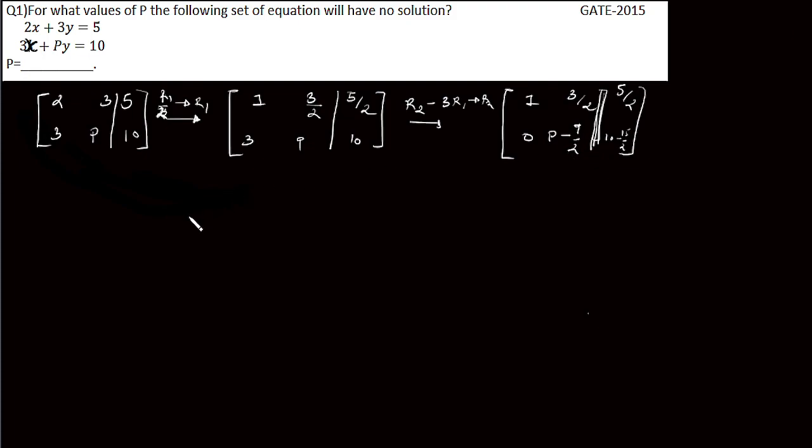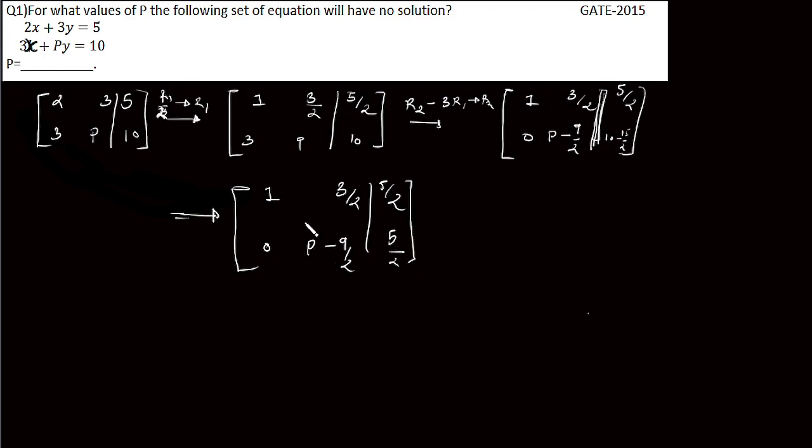Let's further simplify this matrix. The first row remains as it is, 5 by 2. Now in the second row, we simplify this third element: 20 minus 15, so we get 5 by 2.